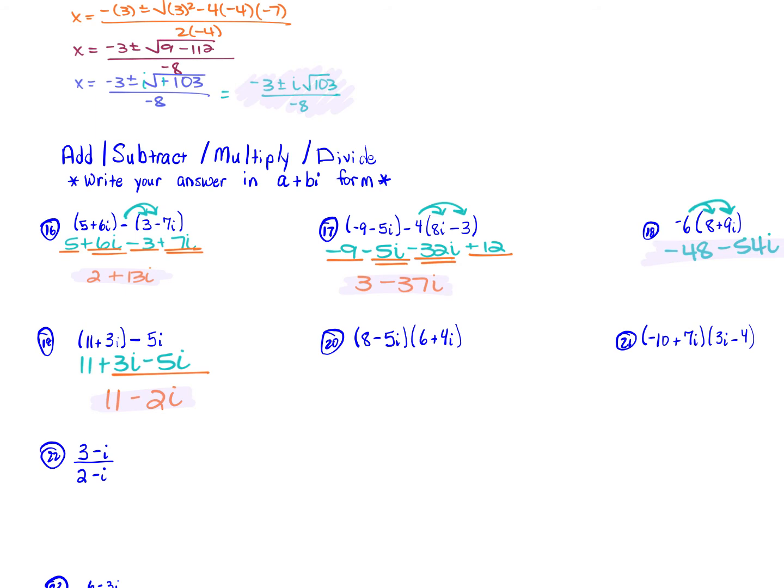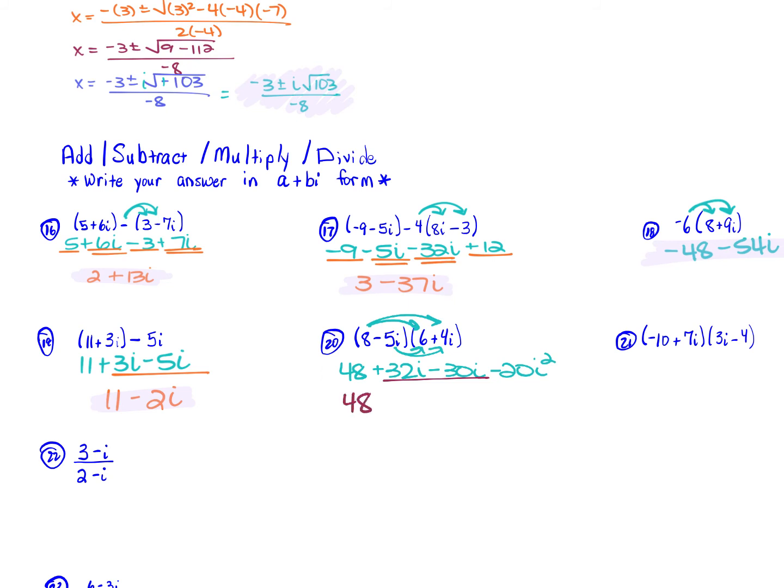For 20, you have 8 minus 5I times 6 plus 4I. So we're going to FOIL this one. The 8 times 6 is 48. The 8 times 4I is 32I. The negative 5I times 6 is negative 30I. And negative 5I times 4I is negative 20I squared. Your like terms are the 32I minus 30I.